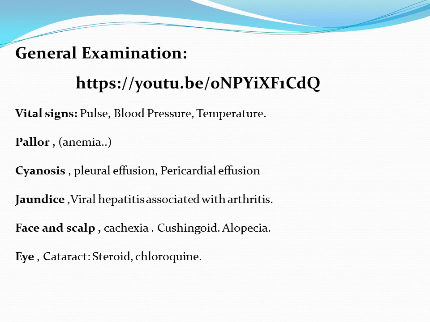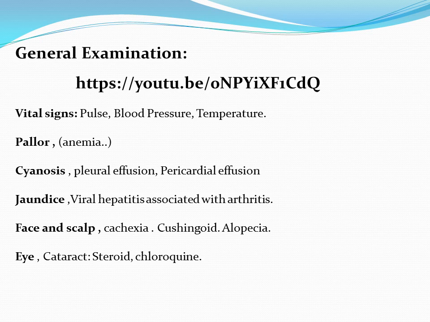Examination of the rheumatological case includes general examination and locomotor examination. In general examination, we should pay attention to the vital signs. We should examine the patient for the presence of pallor, cyanosis, or jaundice. Also, we should examine the face and scalp of the patient, especially in cases taking steroids for a long time.